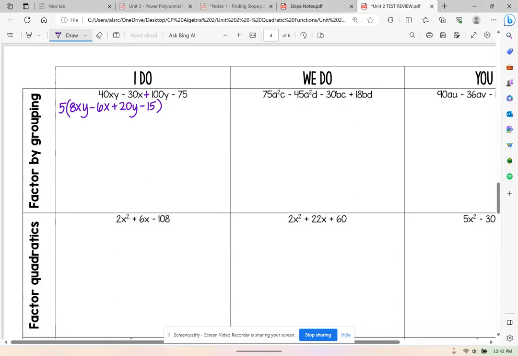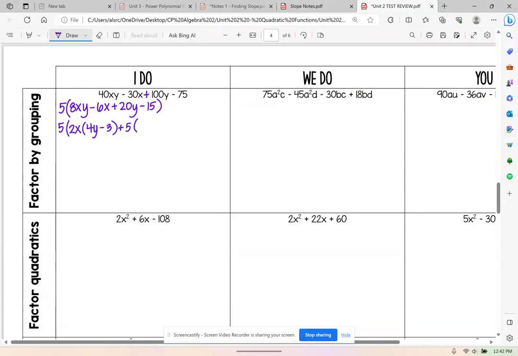Group it. I do the thing, right? So the 5 still comes. What's my GCF of my first group? 2, 2x. And I'm left with 4y minus 3. What does Coop tell you to do here? Divide negative 15 by negative 3. So that's positive 5.